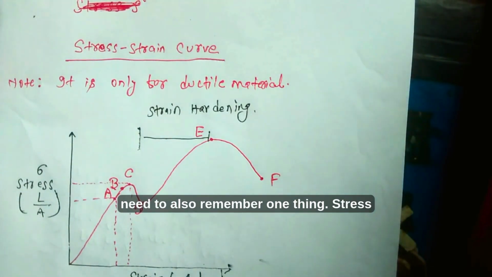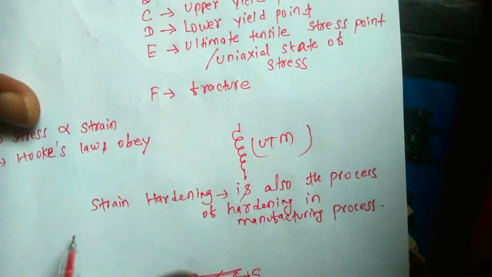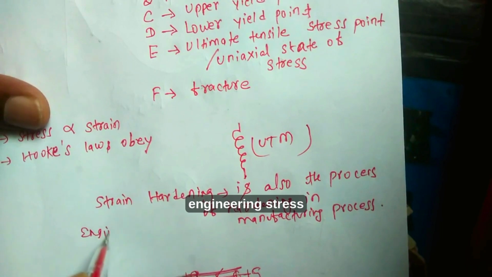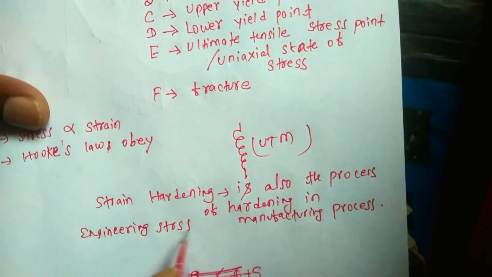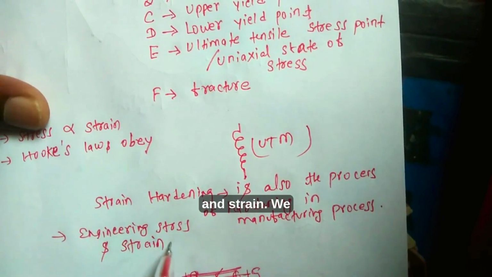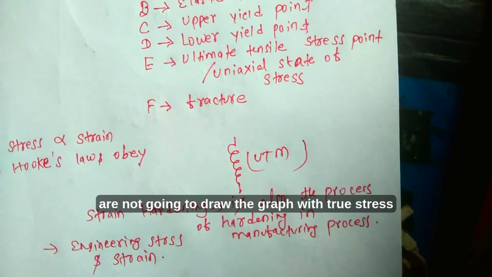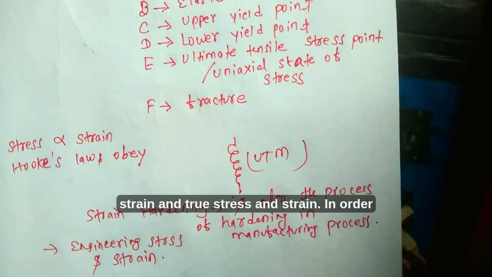We also need to remember one thing: the stress strain graph is drawn with engineering stress and strain. We are not drawing the graph with true stress and strain. There is a difference between engineering stress and strain and true stress and strain.